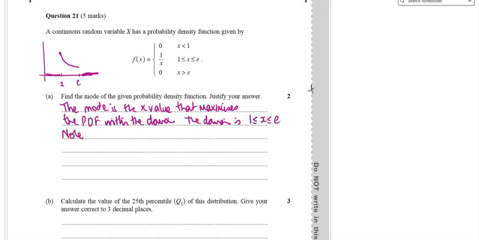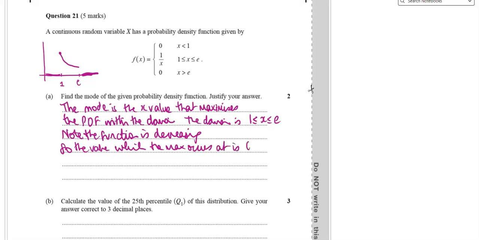Note the function is decreasing. So the value at which the max occurs is 1, i.e. where x equals 1, so the mode is 1.